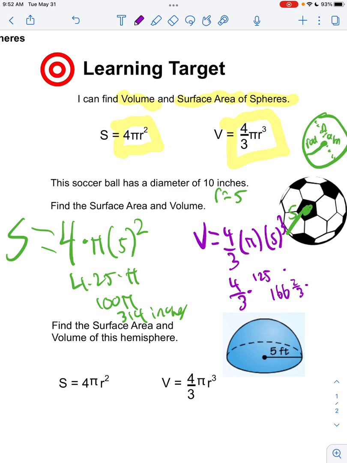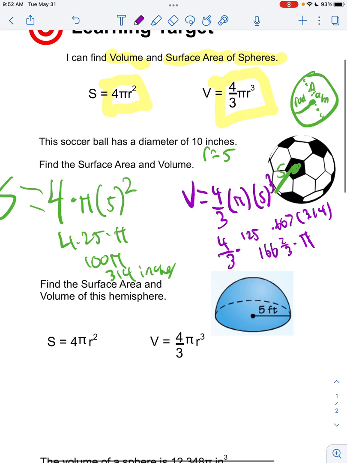So again, that could be 0.666666, we'll just say 7, times pi, which again could also be 3.14. So what I'm going to type into my calculator is 166.667 times 3.14, and that's going to equal 523.33.